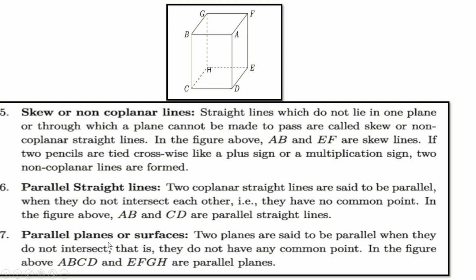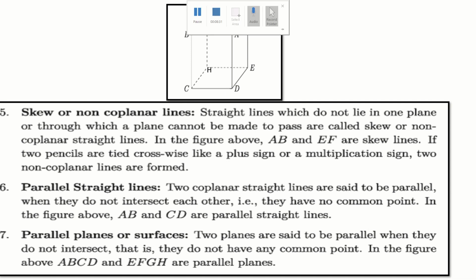Number 7, parallel planes or surfaces. Two planes are said to be parallel when they do not intersect, that is, they don't have any common point. In the figure above, ABCD and EFGH are parallel planes.